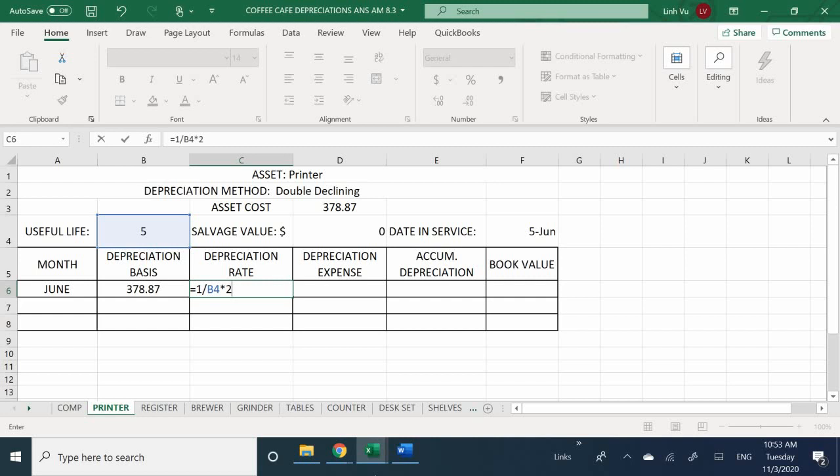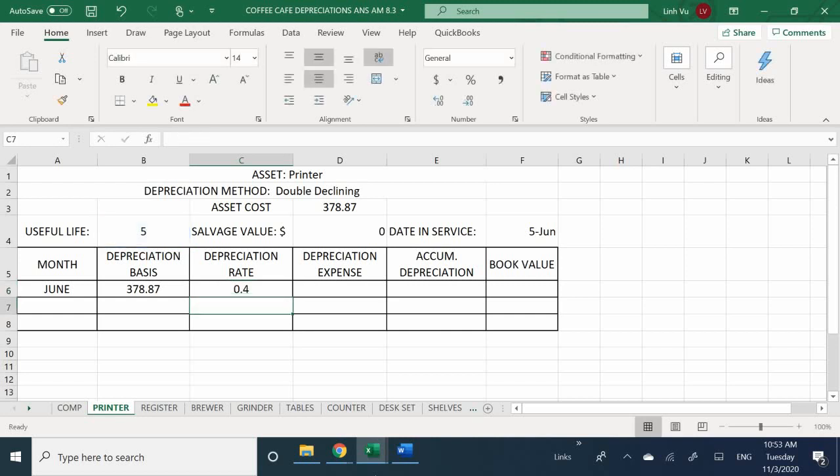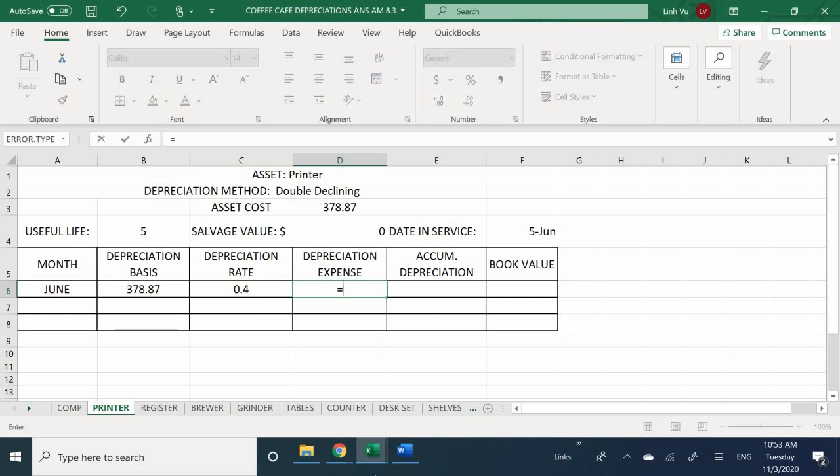Wait a minute, useful life is 5, right? Correct. So 1 divided by 5 times 2 equals 0.4. Good, 40%. So what's my depreciation expense going to be for the month of June?